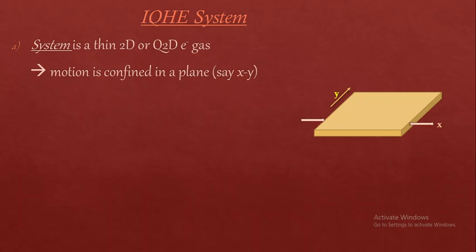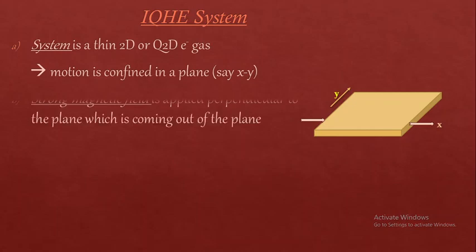So if integer quantum Hall effect, or quantum Hall effect in general, has to take place, we need a two-dimensional system. And if it becomes three-dimensional, we switch over from quantum Hall effect to classical Hall effect. So this is the first criterion for IQHE to take place.